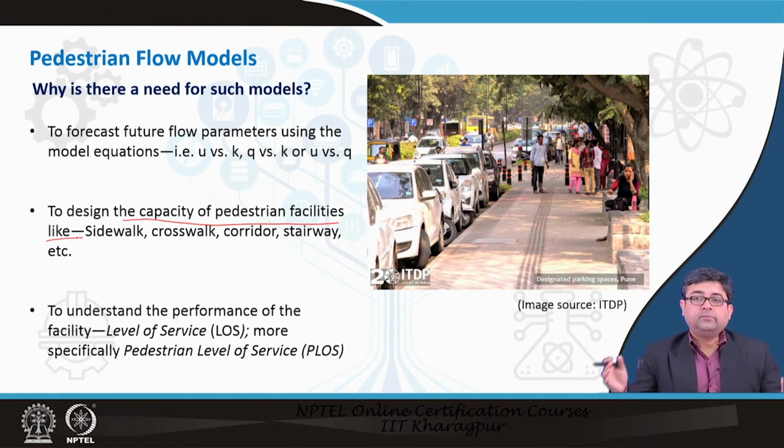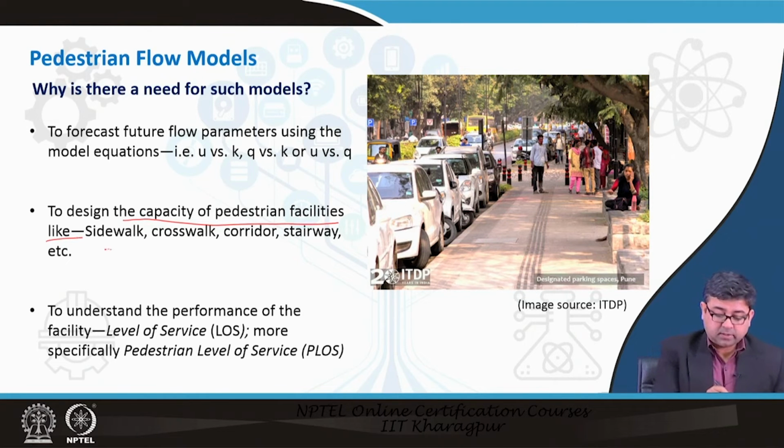If you do not know how people move, if you do not know the relationship between the flow and the speed parameters or the flow and the space parameters, then you would not be able to say whether you need a 2-meter wide sidewalk for the next 1 kilometer, or a 5-meter wide sidewalk for the next half a kilometer. You cannot estimate the right capacity of the sidewalk, and then you make sidewalks that are underutilized or not utilized at all, and that has policy and congestion implications.